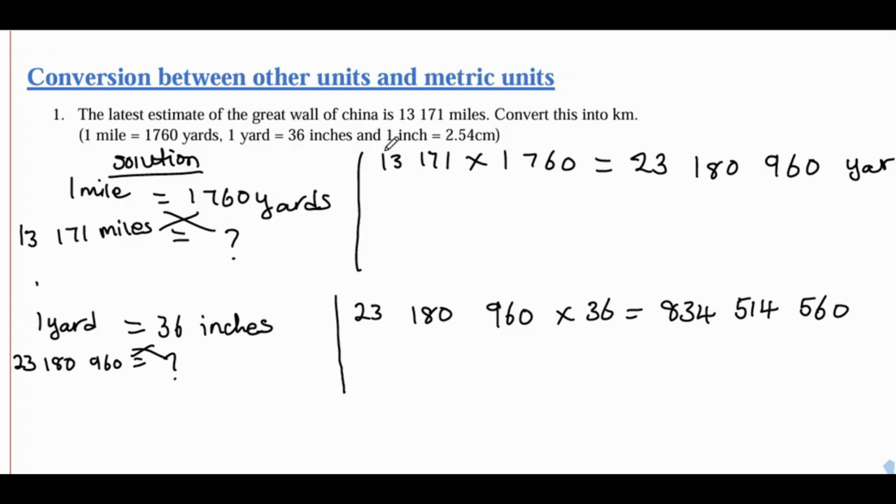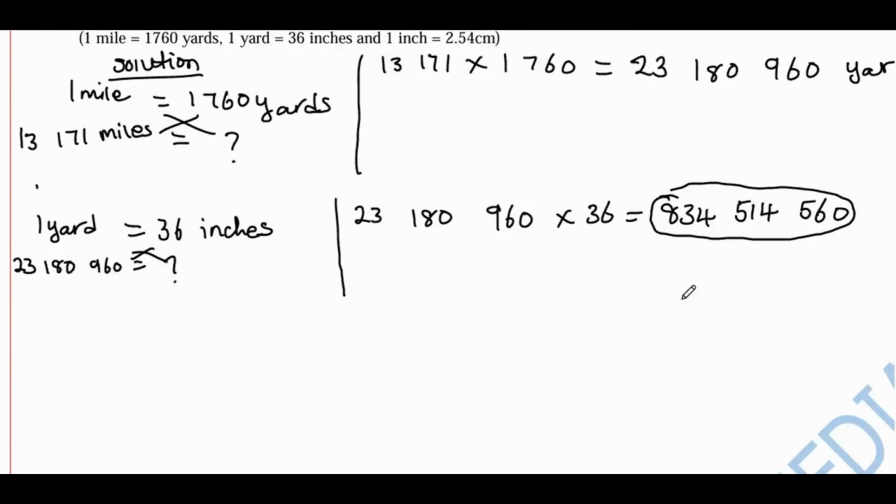Now, we are further required to convert these inches into centimeters, and we have a conversion factor here that 1 inch is equivalent to 2.54. What about this number of inches here? How many centimeters are they?